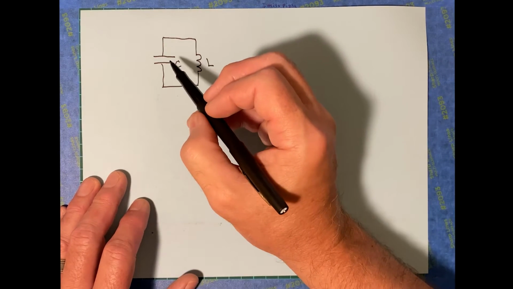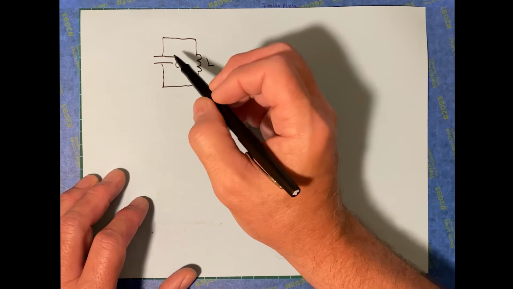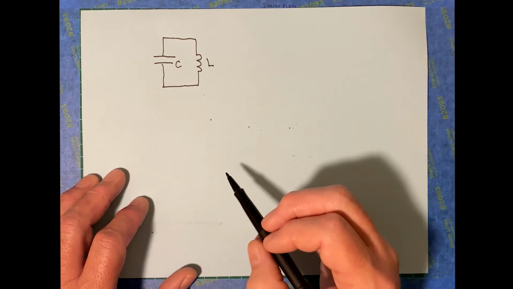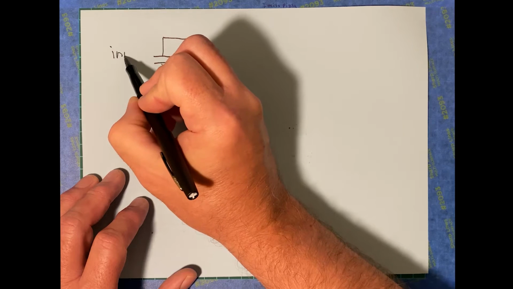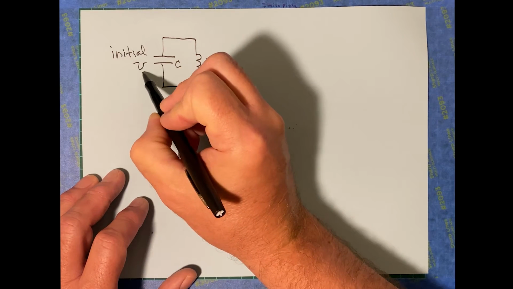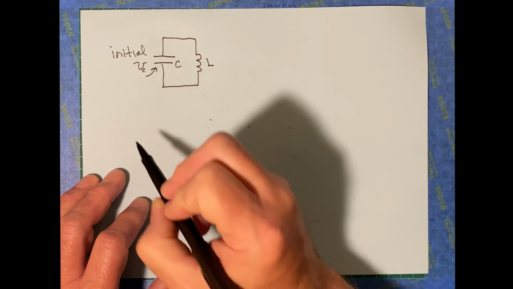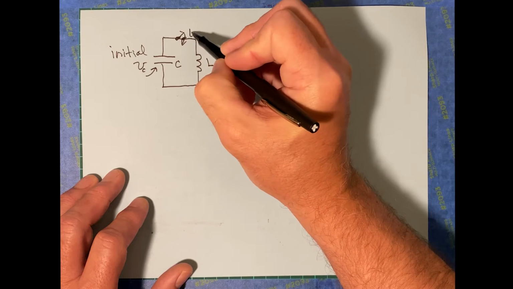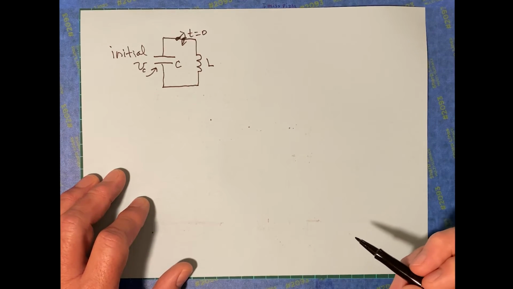So let's say here that we have an initial voltage, some V0 over here on the capacitor. So we've got an initial V sub C right here. And then I didn't put it in here, but we could put a switch in here, and that switch is closed at t equals 0.